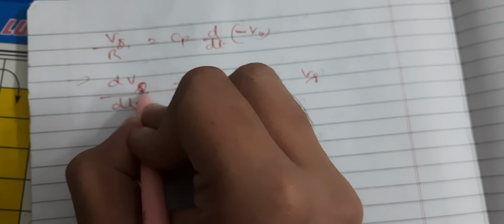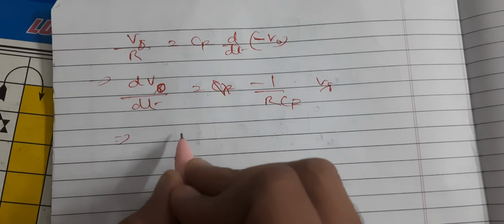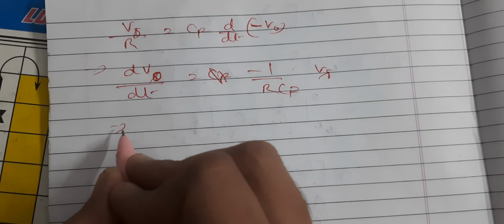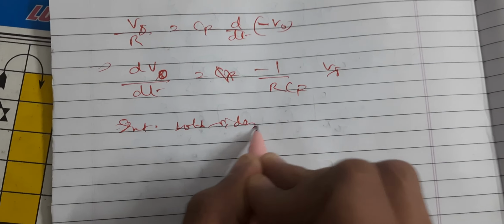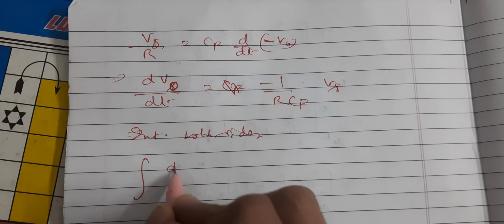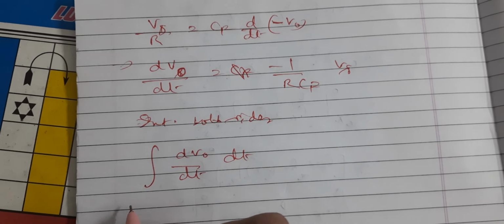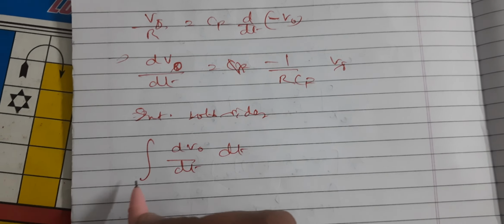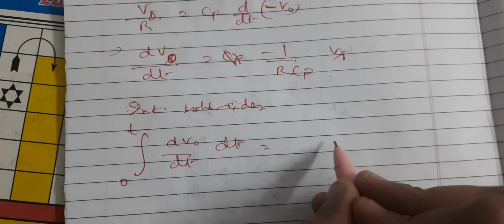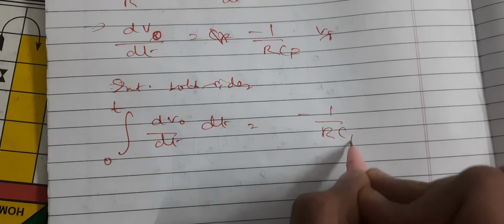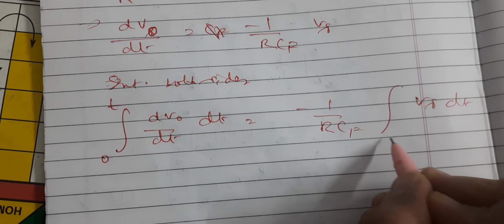Now, on integrating both sides, integrating dV0 by dt into dt with the limit from 0 to t is equal to minus 1 by RCF integral of Vs dt from 0 to t.